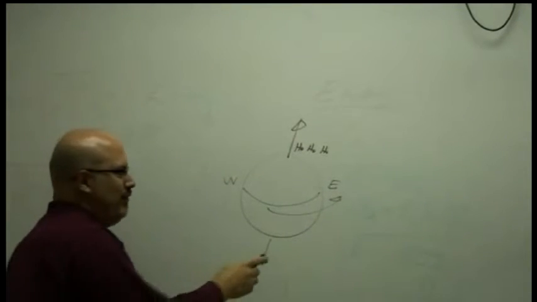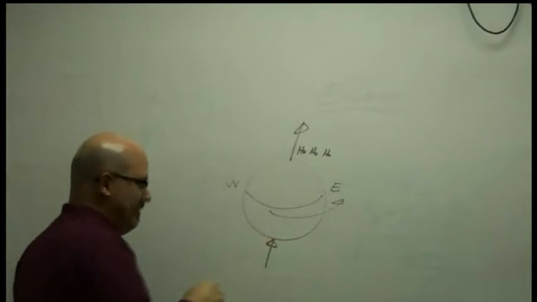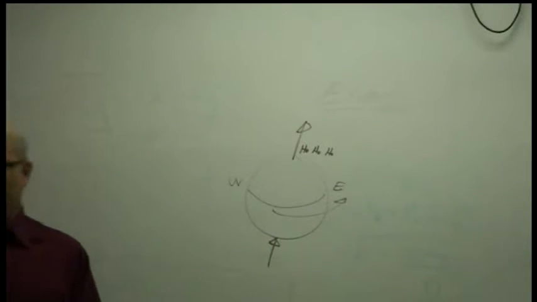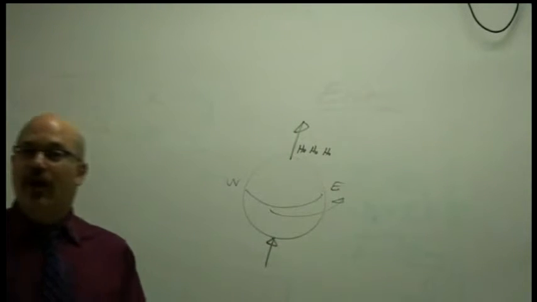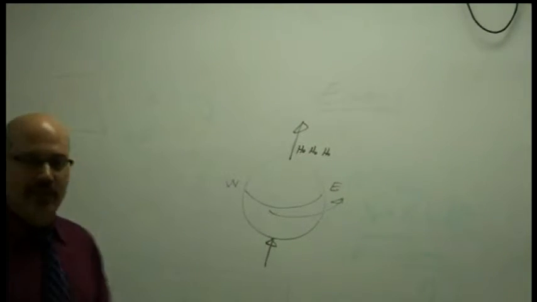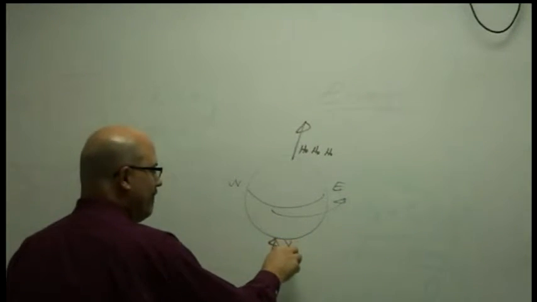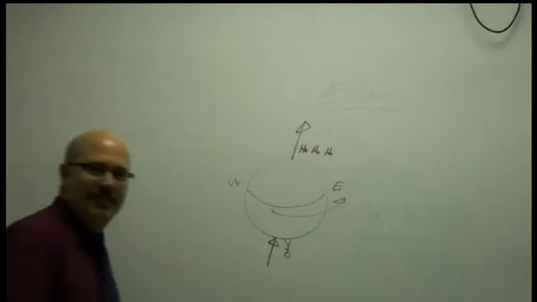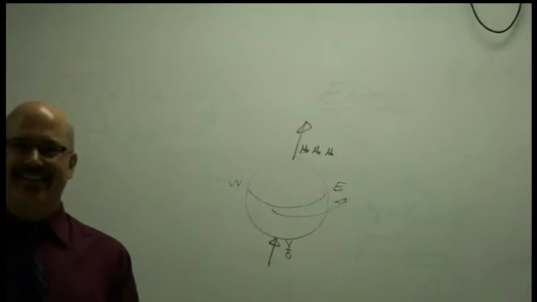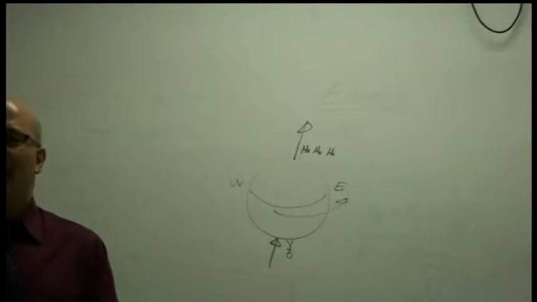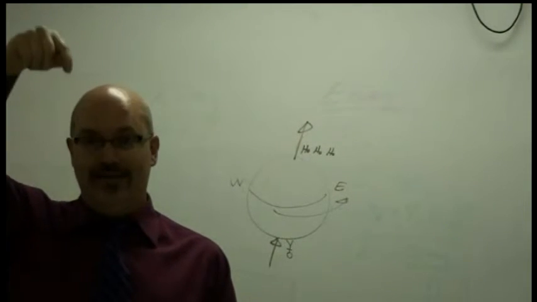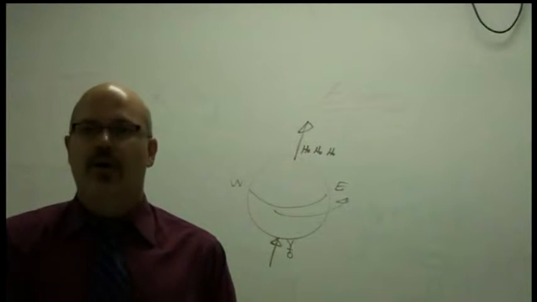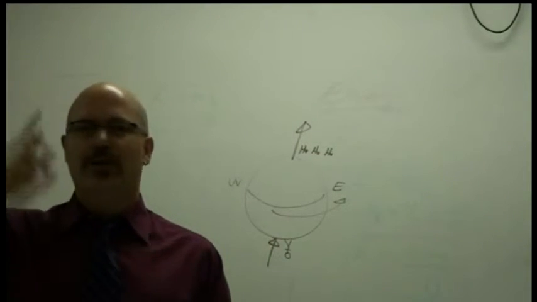The angular velocity for the poor little penguins is down for them, because they stand this way. So if you're on the South Pole, looking at the South Pole, it points down. If you're Santa looking at the North Pole, it points up.